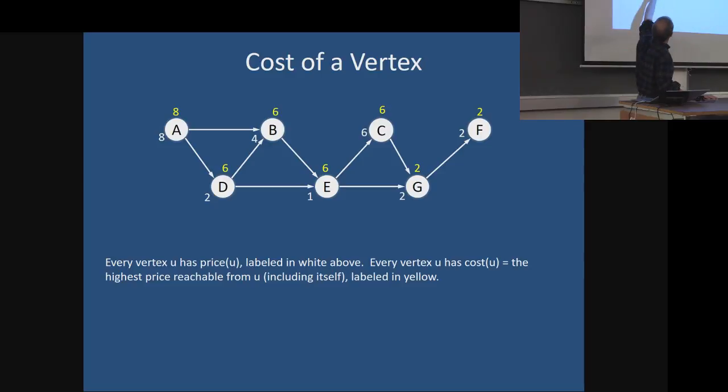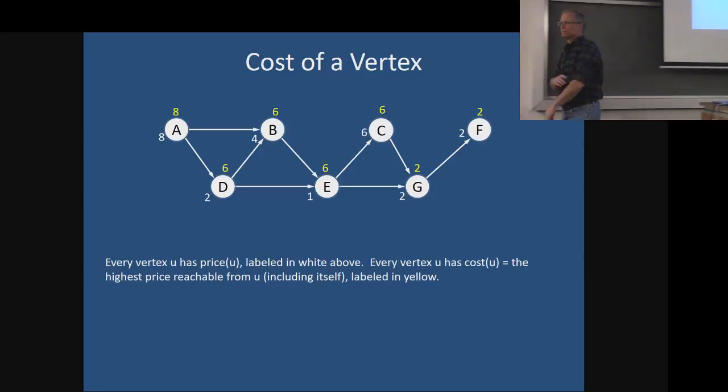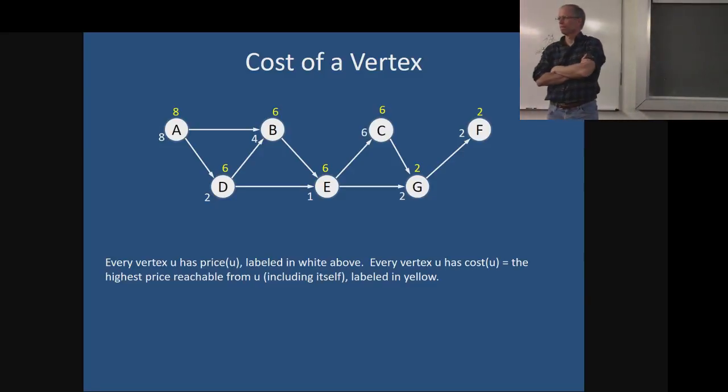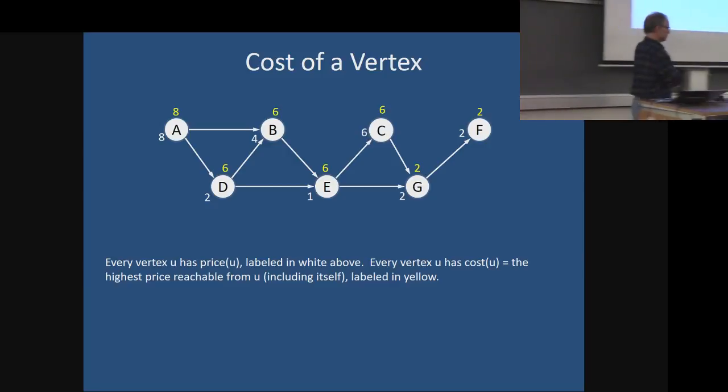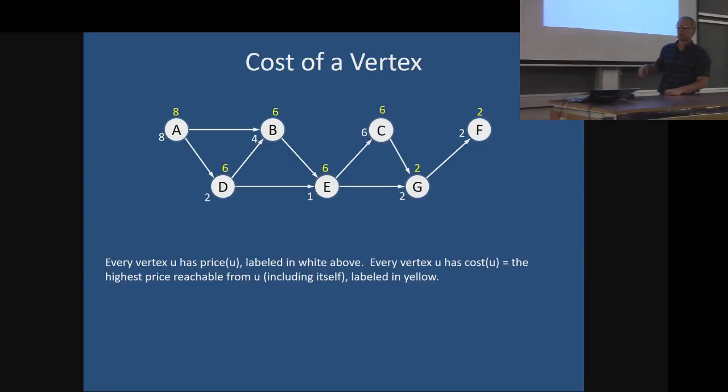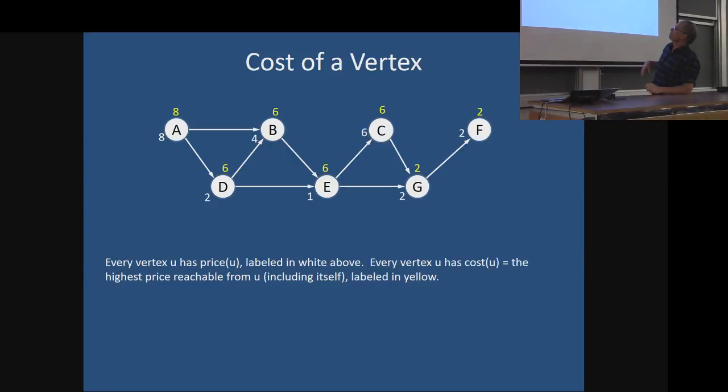So why is it sufficient to look at B's yellow number and E's yellow number and not look at everything that follows it? If you do it in reverse topological order, then you've already computed the cost of its descendants.